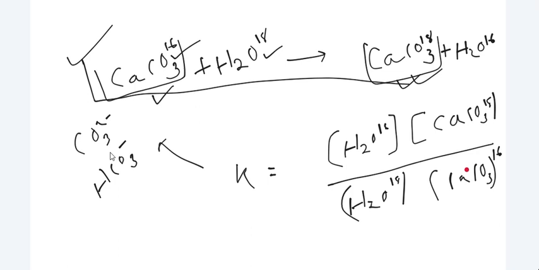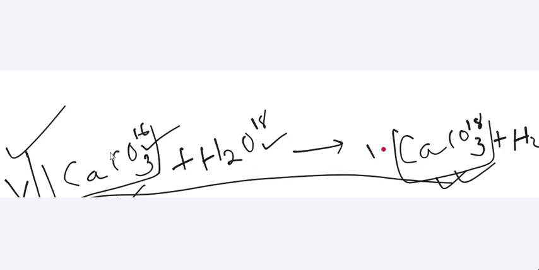When calculating the equilibrium constant, we have to make the power 1 by 3 for CaCO3. So we have to rearrange this. We will take CaCO3 to the top and H2O to the bottom.